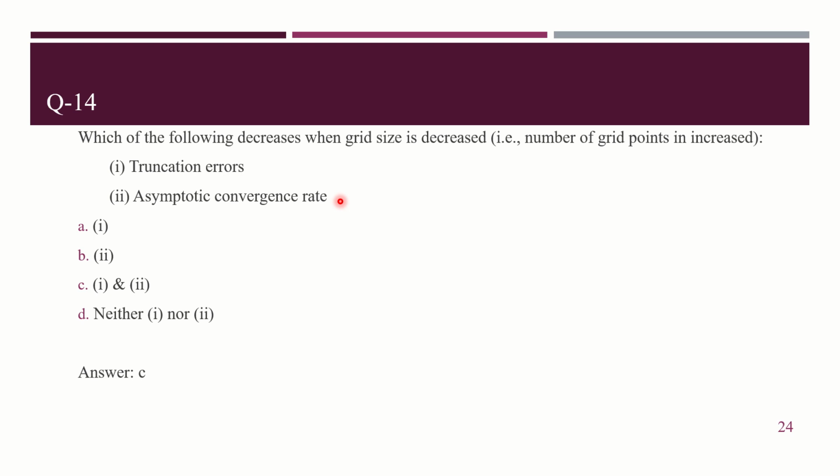Options are option A, that is 1, option B 2, option C 1 and 2, option D neither 1 nor 2. So we know that the answer is option C, that is 1 and 2 are right.